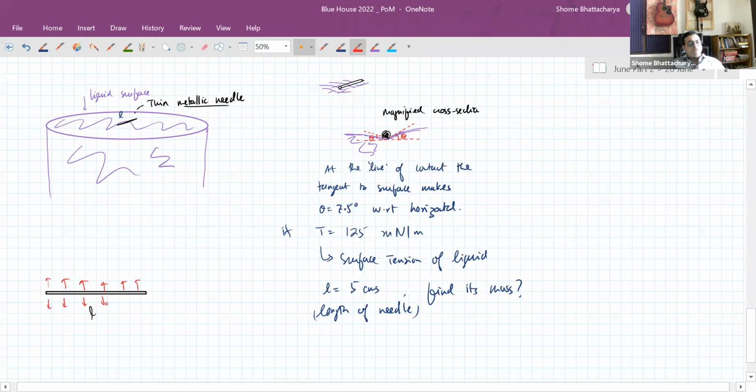But this diagram is a little misleading because the surface is not flat. When I consider the cross section from the side, these forces will not be acting horizontally. They will be acting tangential to the surface.